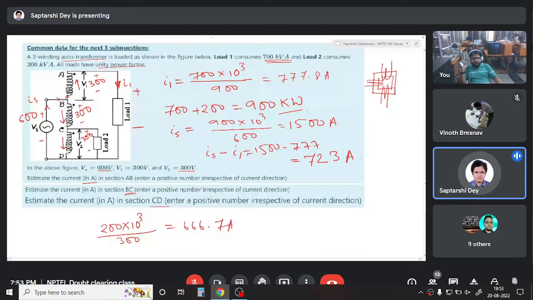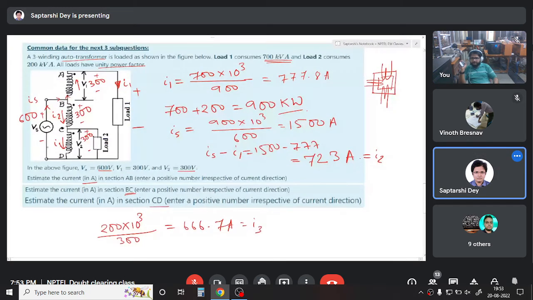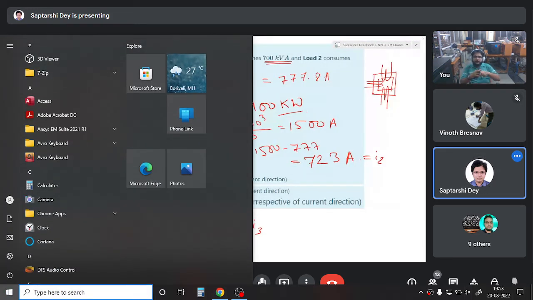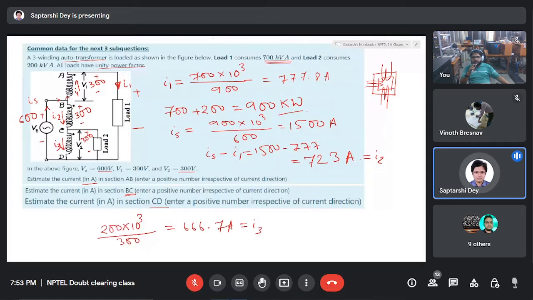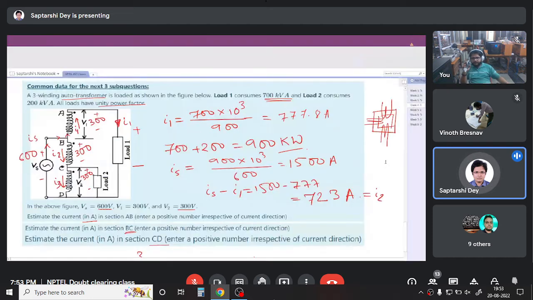So I write it, say I2. This will be I2. Sorry, this is not I3, I am wrong. This is the current drawn by the load.